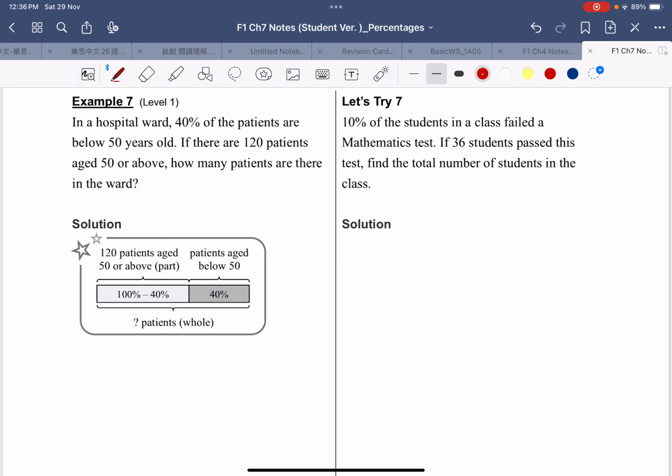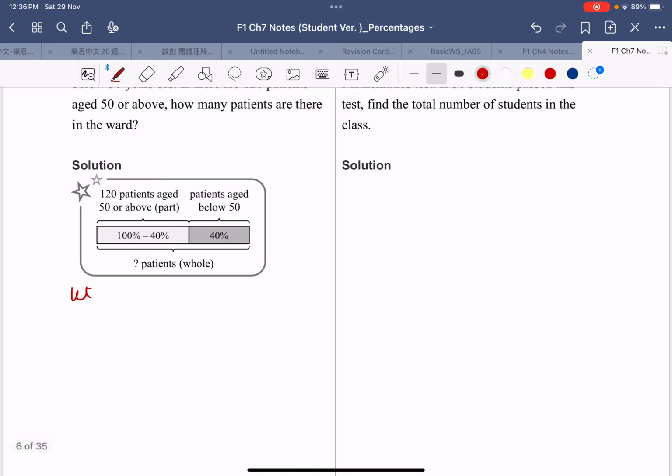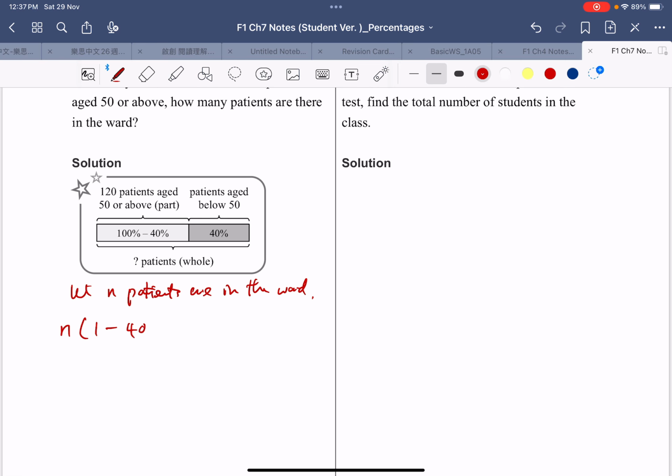So how to write down the solution? Let N patients be in the ward. Then write down N, the original whole number, times 1 minus 40% equals 120 here, and it would be just equal to this bracket.